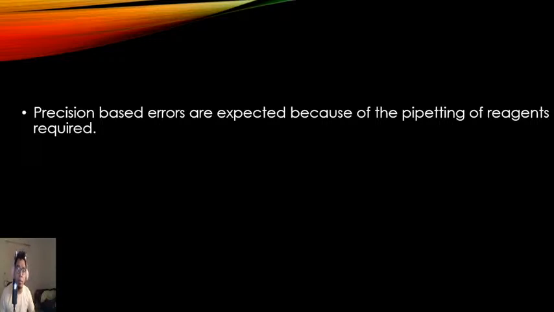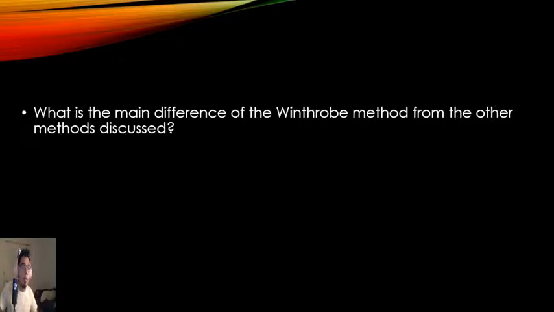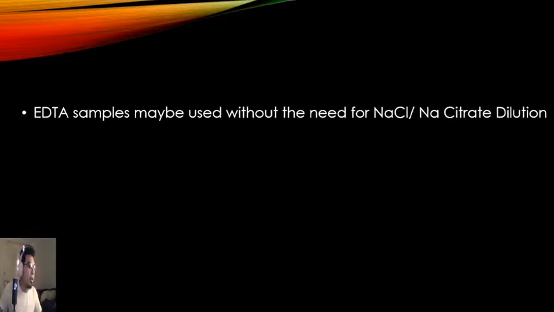So thank you so much, Charis, for helping us out in terms of what we mean by precision. I think I only have 3 minutes, so we'll just wrap it up. The main difference between the Winthrop tube and other methodologies is that EDTA samples may be used without the need of NaCl and sodium citrate dilution.